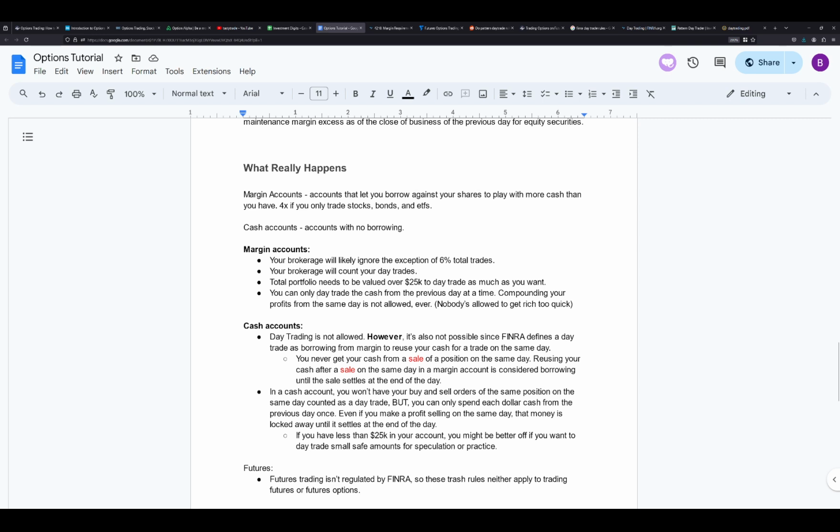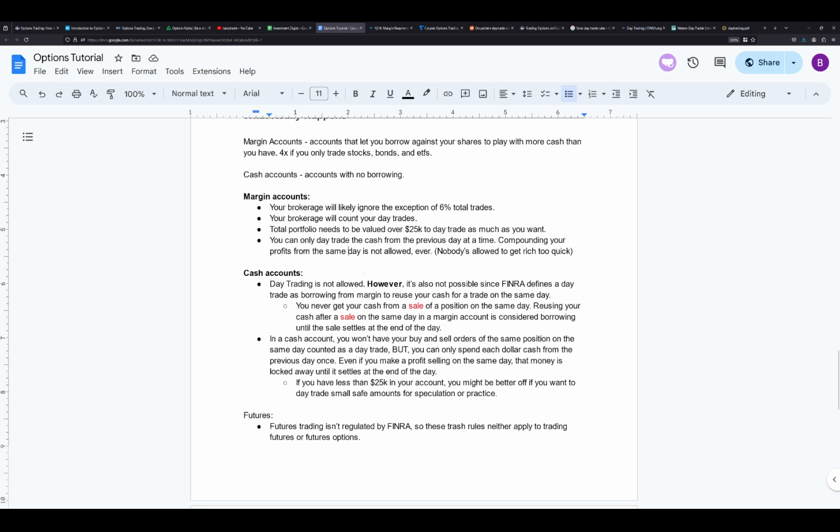You can only day trade the cash. So this is what I was getting at before with Rule 2. You're only allowed to day trade the cash from the previous day at a given time. So what it means is, say you have $2,000 in your account by the end of the previous day, $2,000 settles.